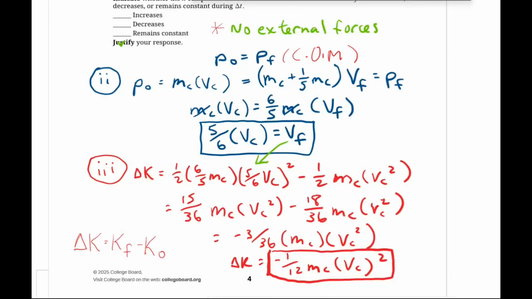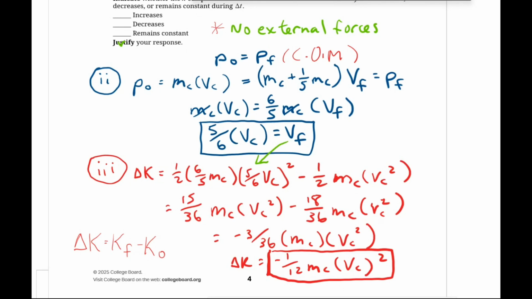Now, when you do that and you multiply all these fractions together, you get 15/36 MC VC squared. And then to get a common denominator, I turn my 1/2 into 18/36. So when you subtract those fractions, 15/36 minus 18/36, you get negative 3/36.